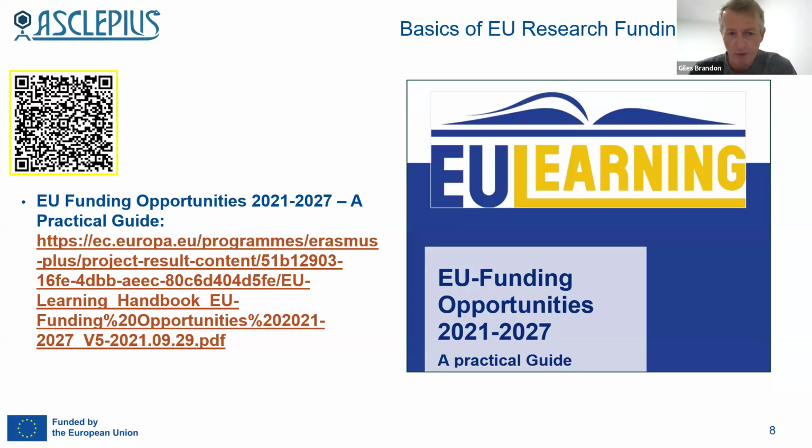The QR code in the top left-hand corner and the web link here will take you directly to the PDF. Now this, if you download it, is a massive guide. It's like several hundred pages, but it seems to be pretty exhaustive on different funding schemes that exist. And what I would suggest is, yes, download it and maybe do a keyword search on terms that may be of interest to yourself.